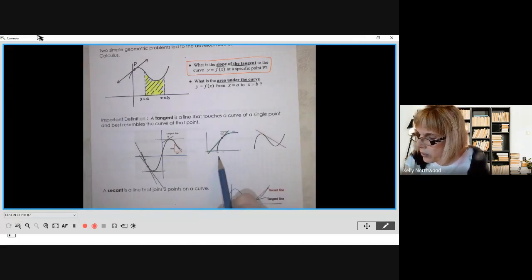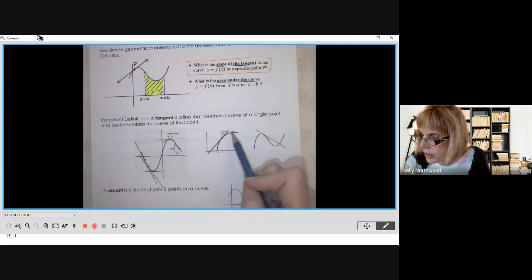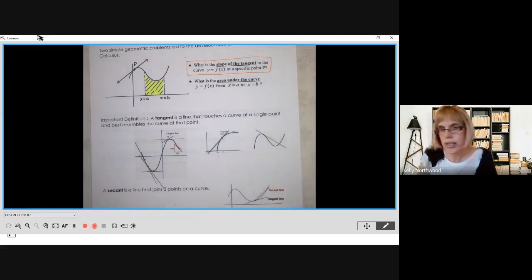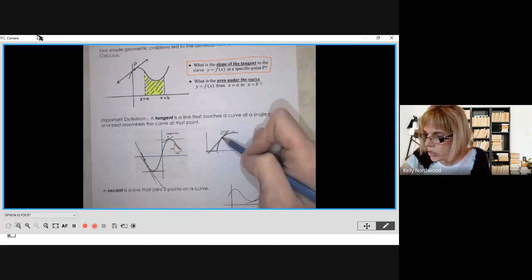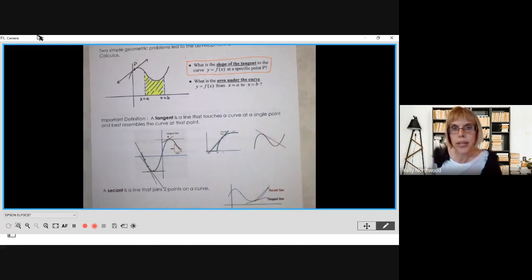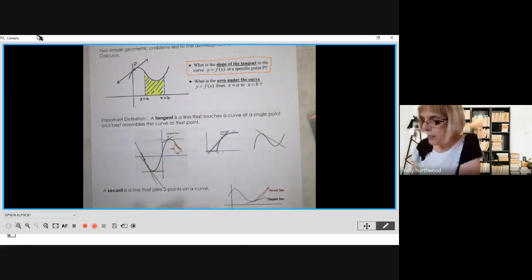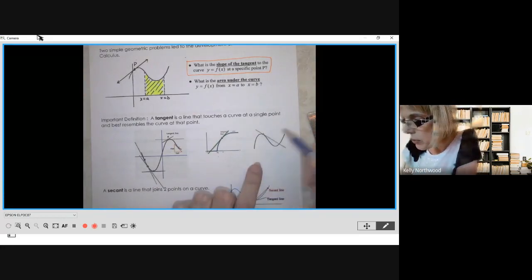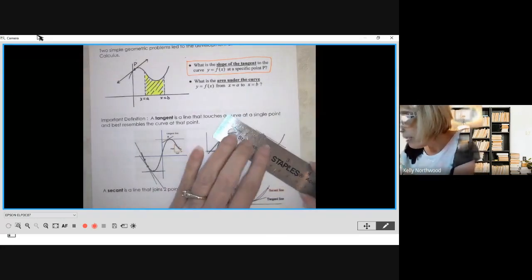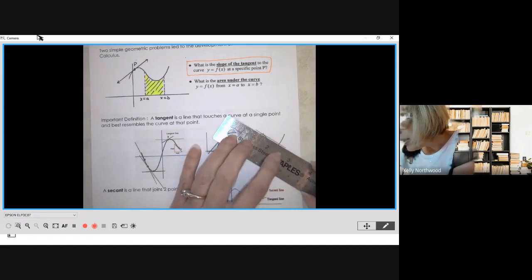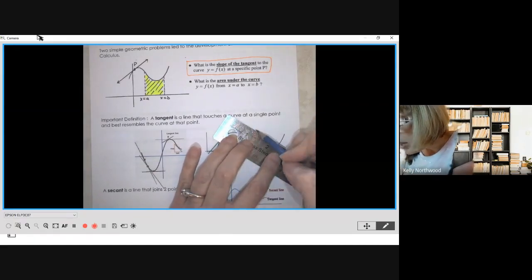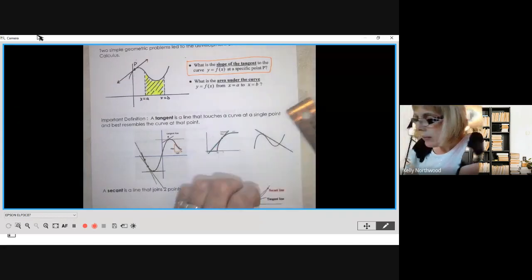In the second example I took from the internet, it just shows a curve with the tangent drawn in. And remember, again, the tangent touches at one spot and best resembles the slope of the curve at that point. And then in the third example, I picked this one because if you see here, at this point, this line is tangent. And we always harp on the fact that it can only touch the curve at one spot.